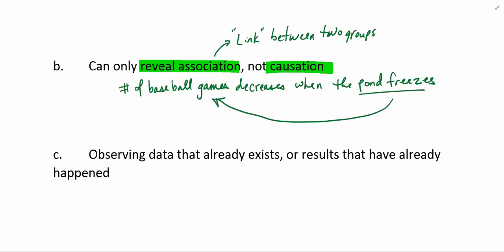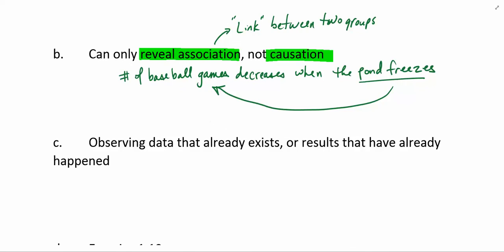The number of games did not decrease because the pond froze. It's just a correlation or an association between the two because baseball is a summer sport. It's not played in the wintertime, and the pond freezes in the wintertime only. So we must be careful when looking at observational studies. We reveal the association between two groups, but not the cause for the reaction.